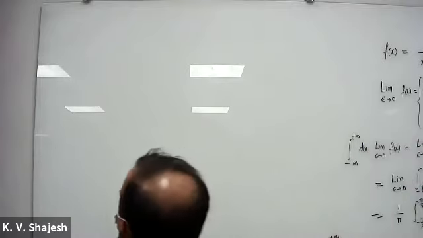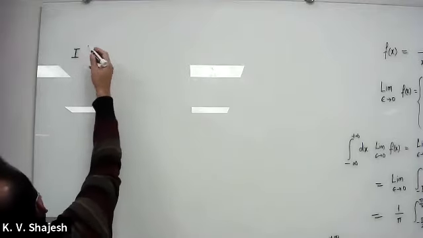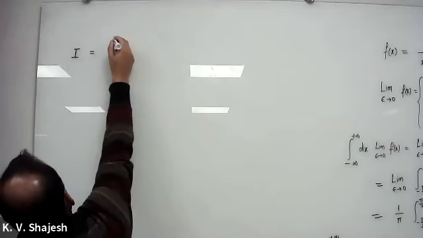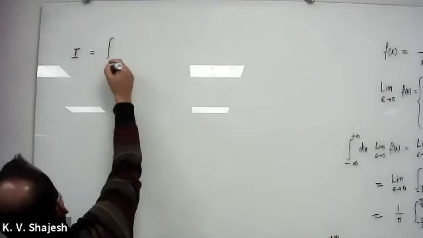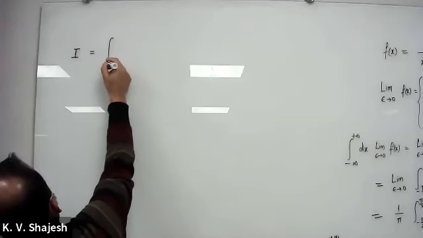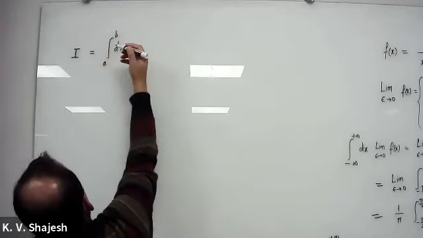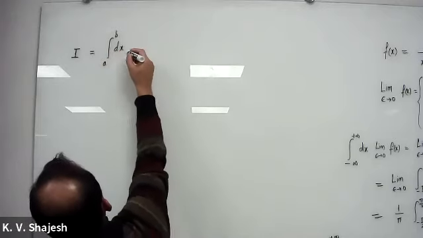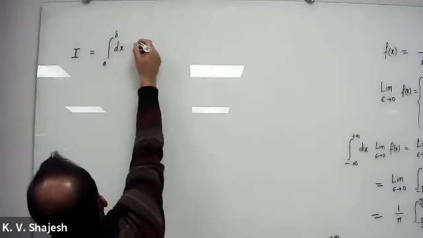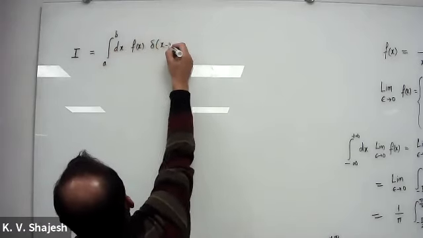So we did, let's say, if you have an integral from a to b, of f of x, delta of x minus x prime.